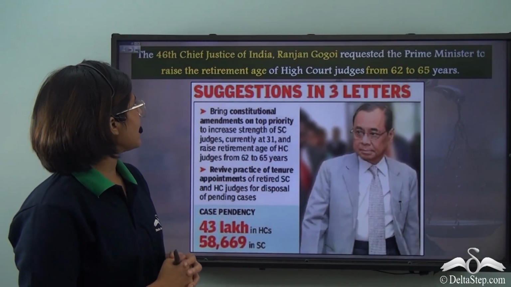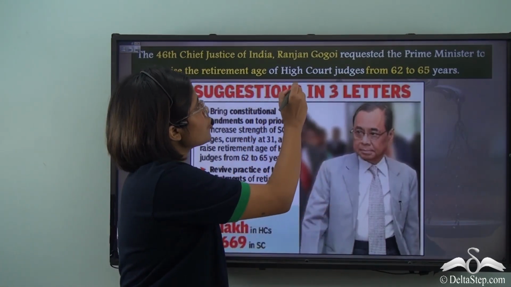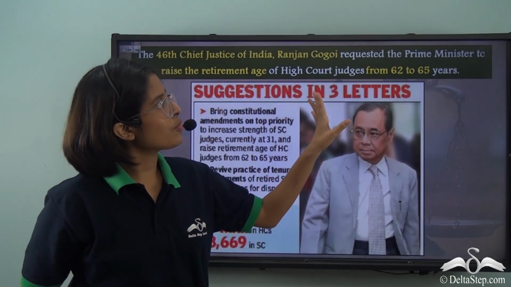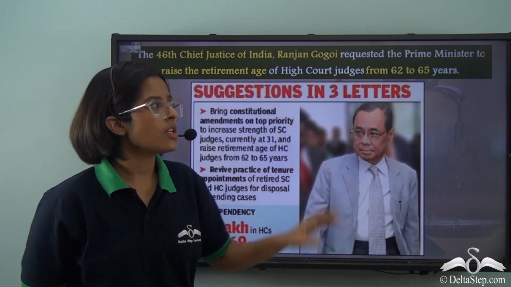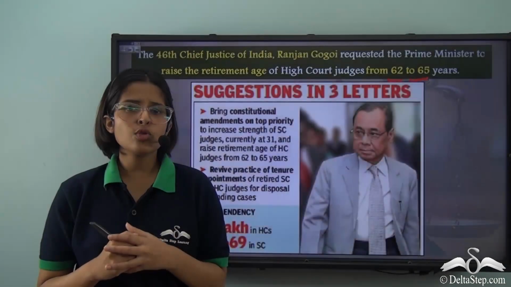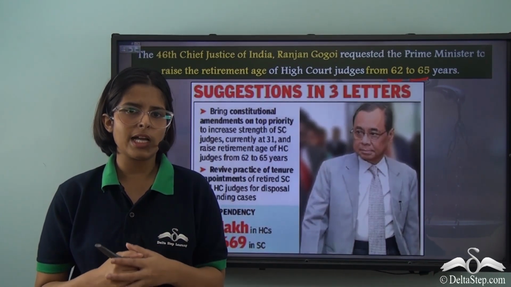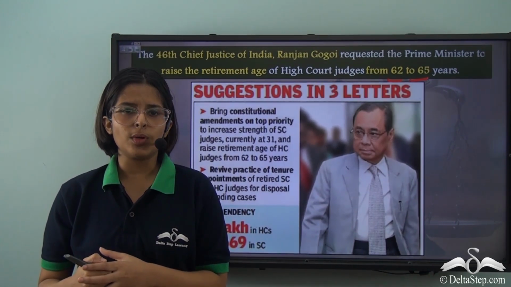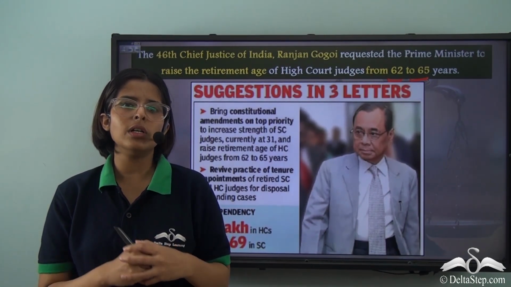In 2019, the 46th Chief Justice of India, Ranjan Gogoi, requested the Prime Minister to raise the retirement age of the High Court judges from 62 to 65 years. So Ranjan Gogoi said that there are a lot of good Indian lawyers who are eligible to be High Court judges, but they opt out because the retirement age of the High Court judges is too early.